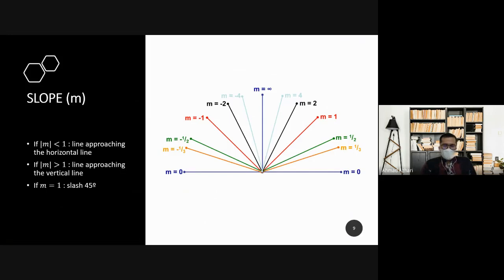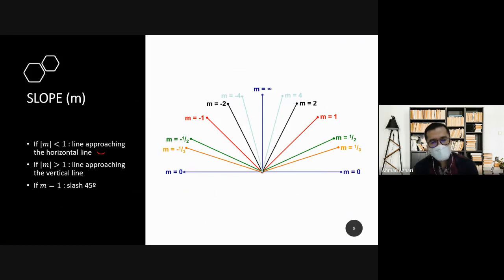In bahasa, this is called kemiringan, the gradient. If m is less than 1, positive or negative, the line approaches the horizontal line, as you can see here.